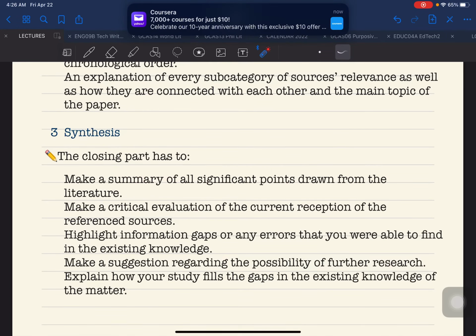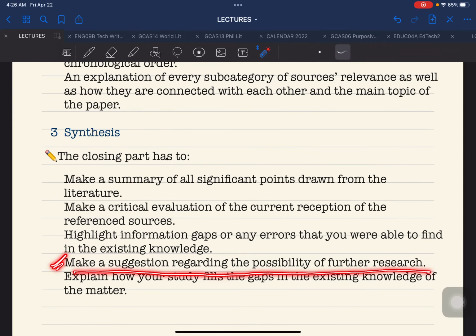Okay, the next one, make suggestions regarding the possibility of further research. So we are already on the closing part. So try to recommend possible researches, but this is different from the latter part of your research, which is chapter 5 under recommendation. This one is not required.